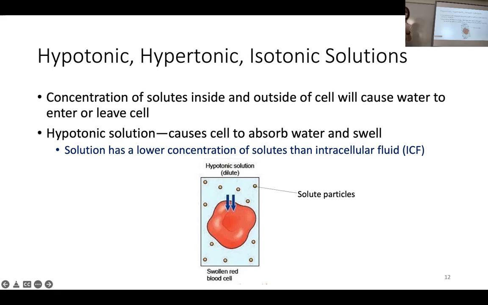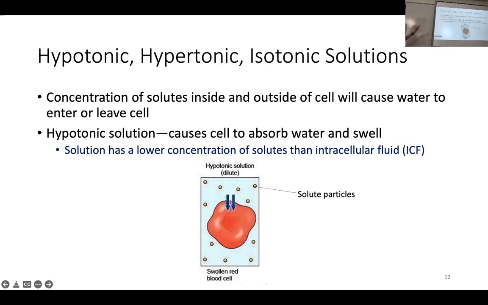There's solute inside our cells and there's solute outside our cells. Extracellular fluid and intracellular fluid. Both of those have solute particles. Depending on which side of the cell membrane has more solute is going to determine whether water is going to move out of the cell or into the cell.